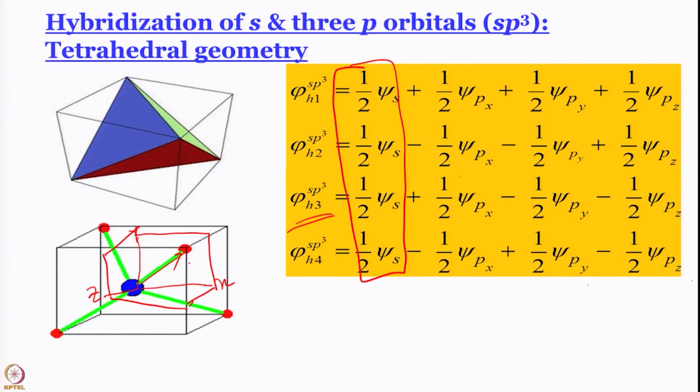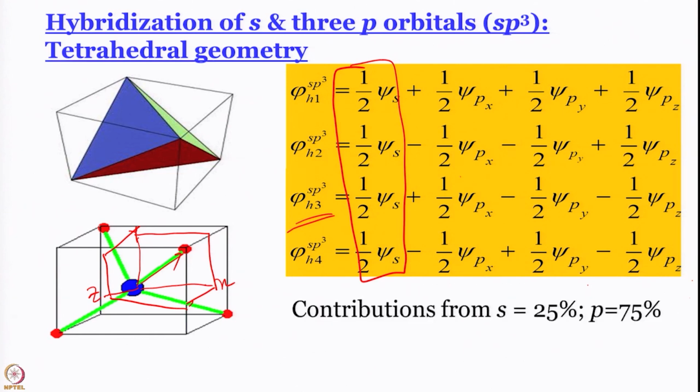So, similarly you can see that all the hybrid orbitals are actually along the body diagonals of the cube, and it is not very difficult from your solid state geometry to work out that the angle between body diagonals of a cube is indeed 109 point whatever degrees. Okay. So, we have 25% contribution from s, 75% contribution from p.